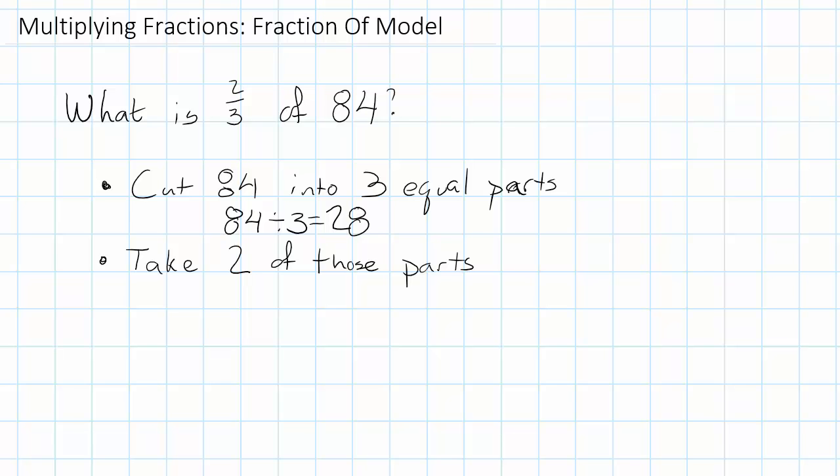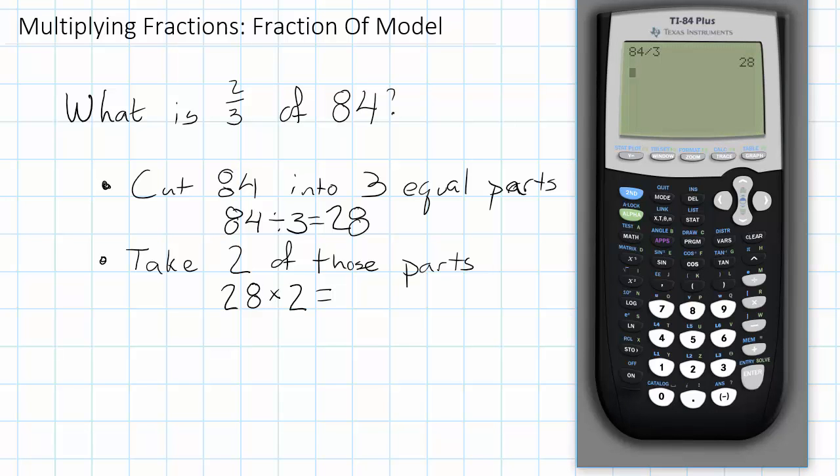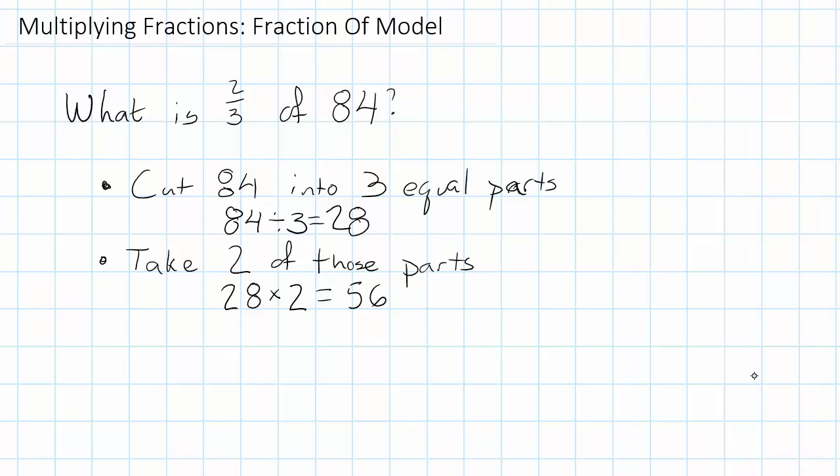How would we go about taking 2 groups like that then? Well, taking 2 groups of 28, that's 28 times 2, which is, going to the calculator again, 56. 2/3 of 84 is 56.